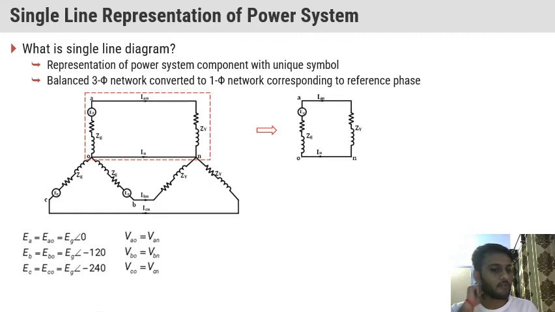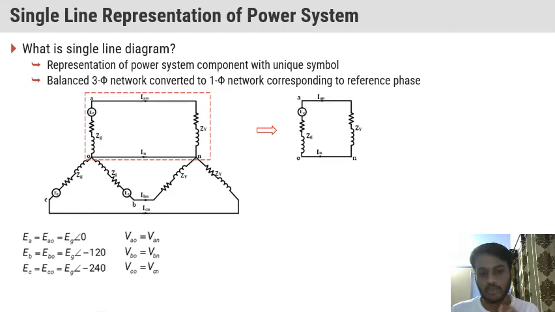Then we have the voltages VA0, which is equal to VAN. Why do we equate these two components? Here you can see that VA0 is the terminal voltage of the generator, and VAN is the terminal voltage of the load, after the voltage drop in the resistive and reactive components.